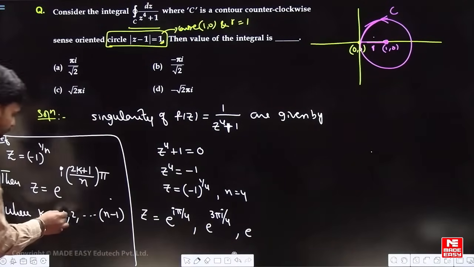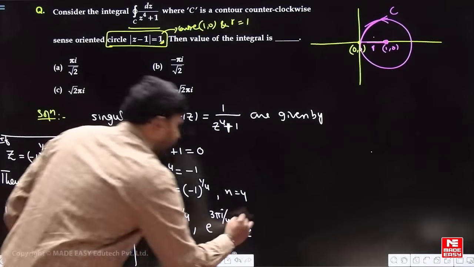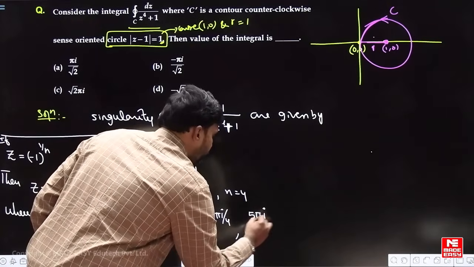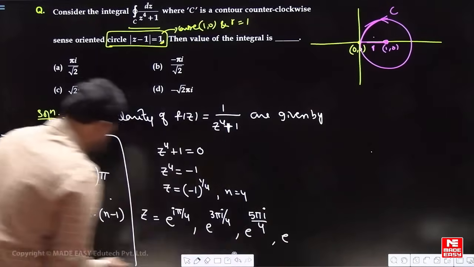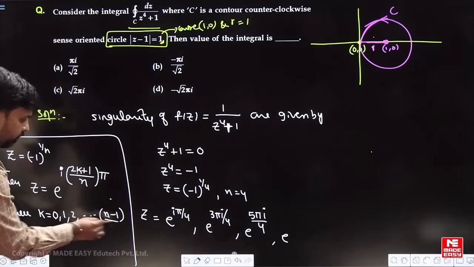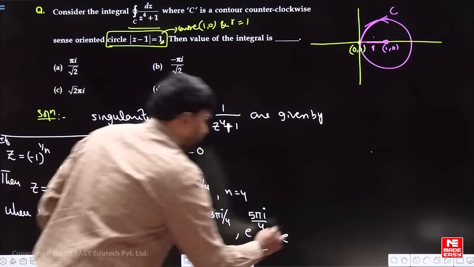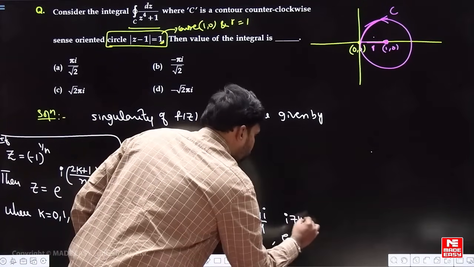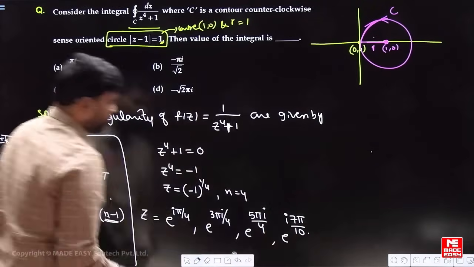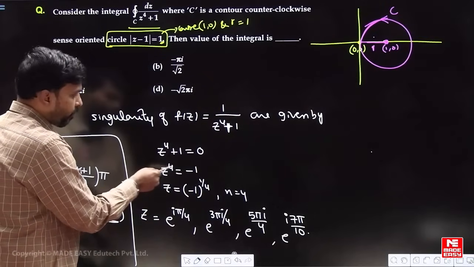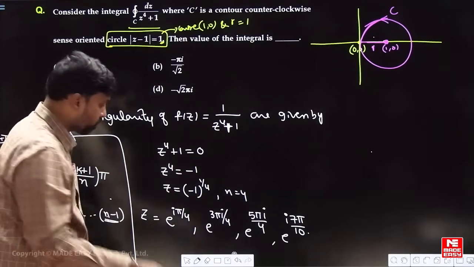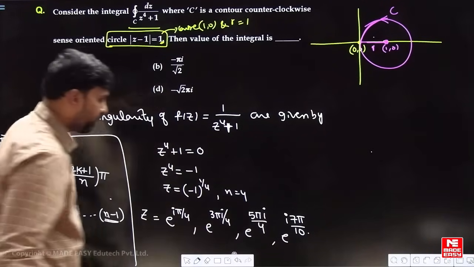Next, for k is equal to 2, it is 5 pi i by 4. For k is equal to 3, which is the last, it is 7 pi i by 4. So these are the fourth roots, z power 4 is equal to minus 1. So 4 roots, these are the 4 roots you are getting here.